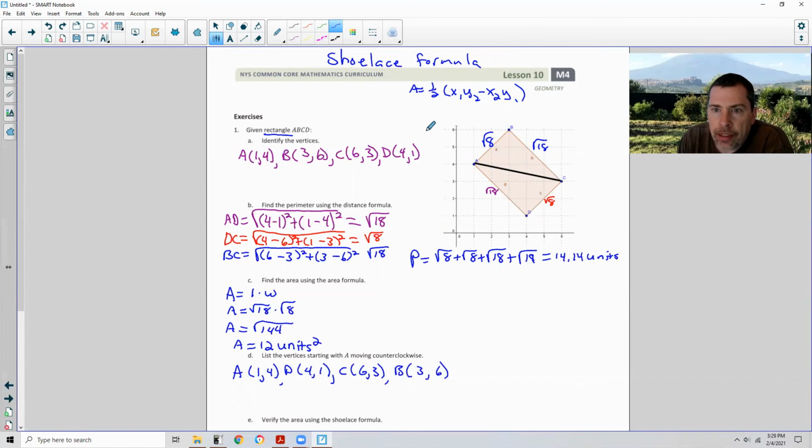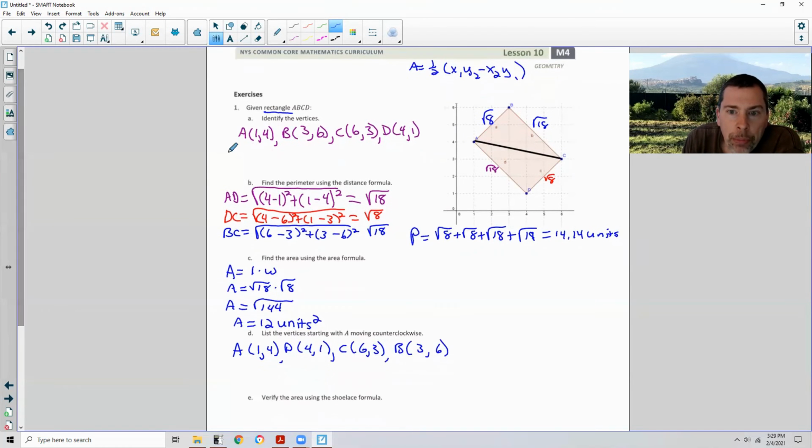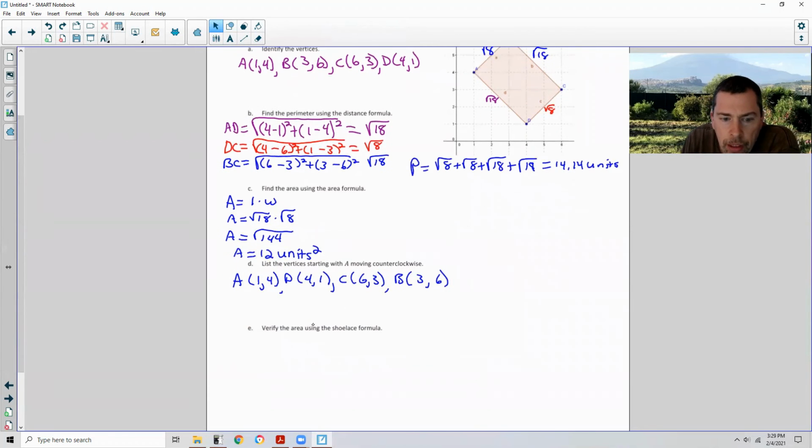I did it in lesson 9 if you need to see the proof on that. Now we're going to step it up, and now we're going to use it for a 4-sided figure. So it's the same process. So I'm just going to give the shoelace formula here rather than derive it.